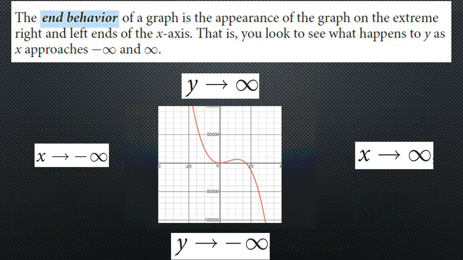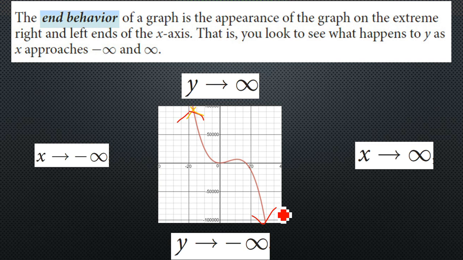Okay, so let's put that to use. This example here, I've got a cubic function, which we've talked about many times here in the first two sections. Just want to make sure we know that we have arrows that happen here. So this cubic function keeps going up and down in those directions. So let's remember our directions that we laid out here. And so the problem will say something like this. It says, you look to see what happens to y as x approaches negative infinity and positive infinity.